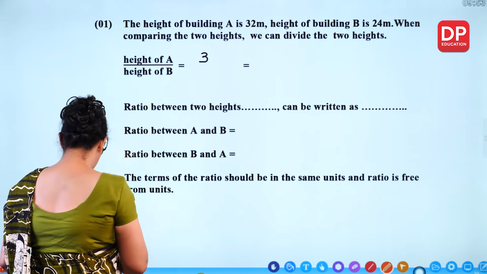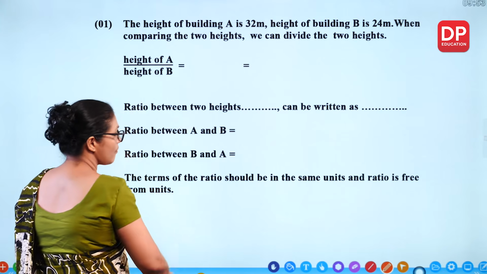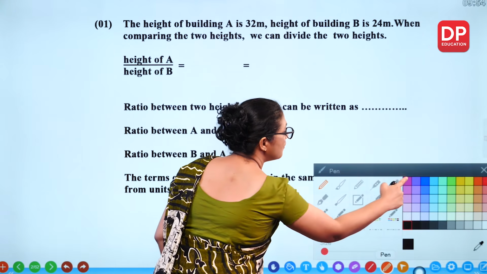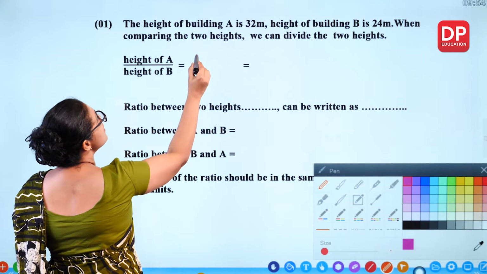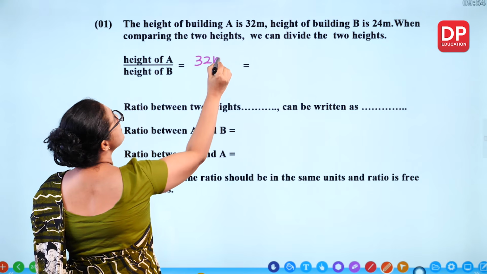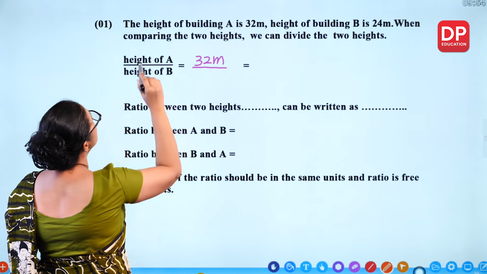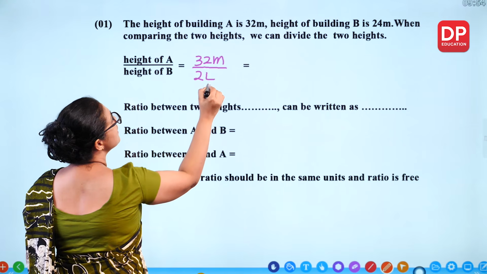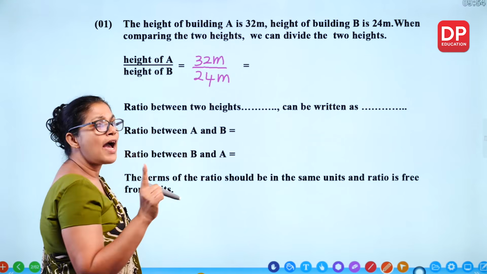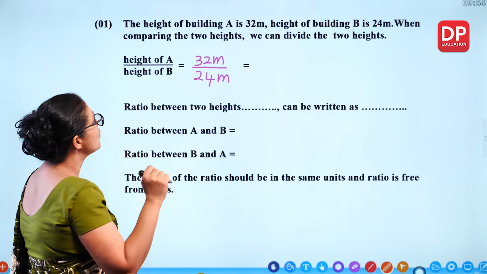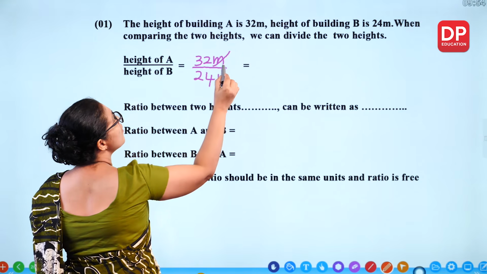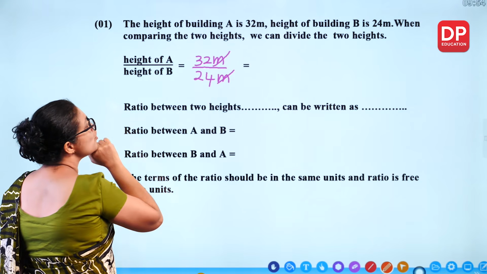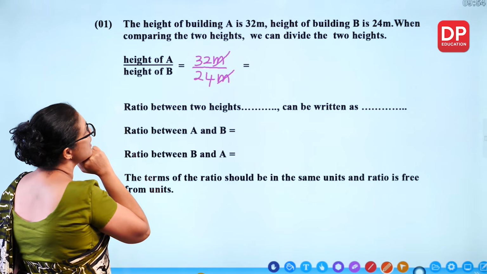This is 32 meters over height of B, 24 meters. Now both are in meters, so you can cross out these units. So when you simplify this, what do you get?